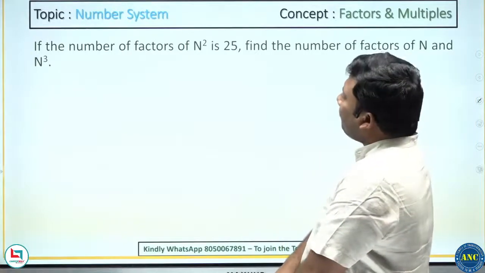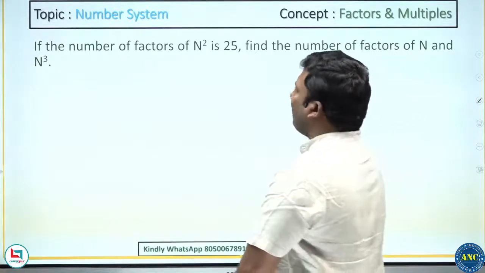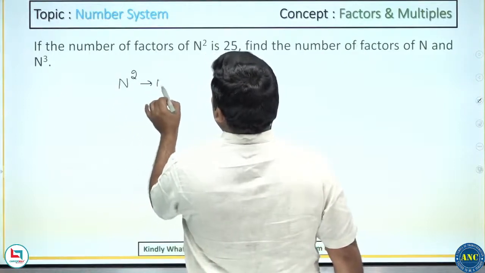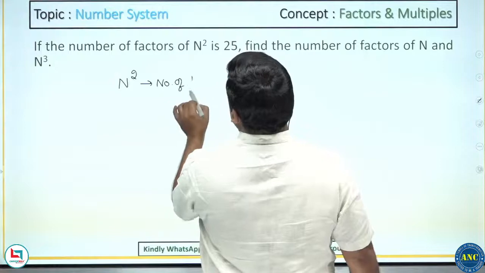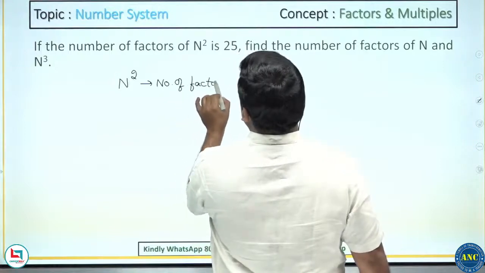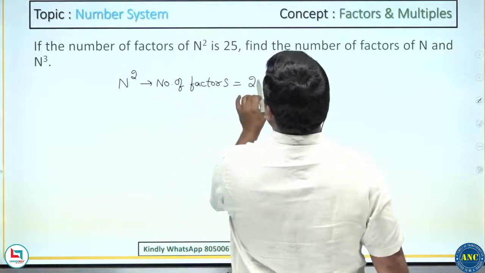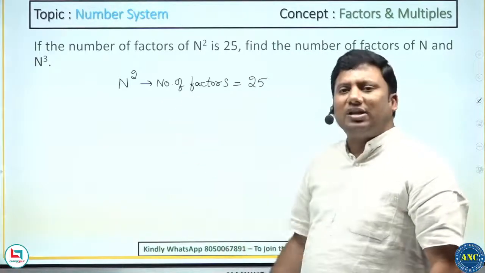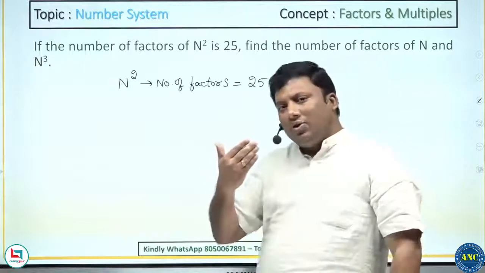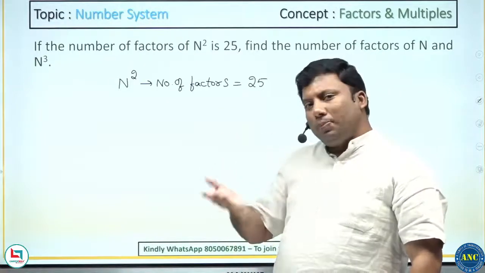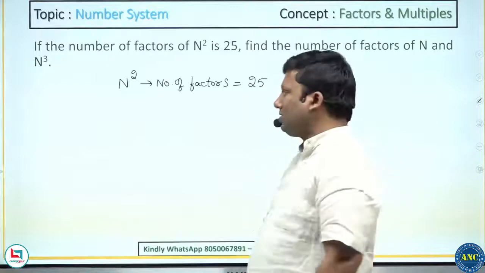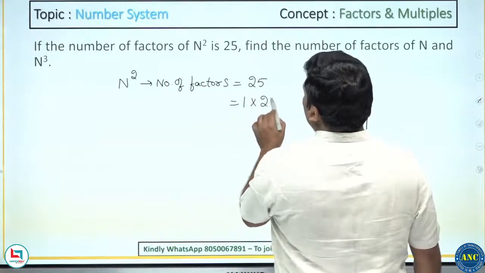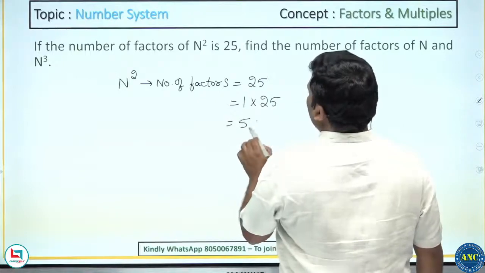Now see here, another question. Number of factors of n square. Another good question: number of factors for n square is 25. We do not know what the natural number is. It can have a single prime base, or 2 prime bases, or 3 prime bases. Now see here: 25 can be written as 1 into 25 or 5 into 5.